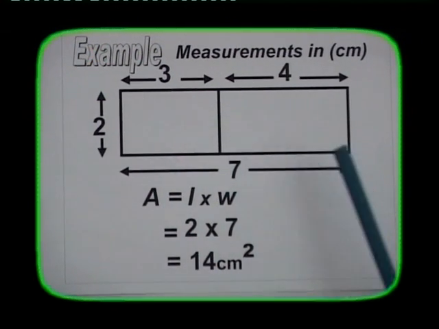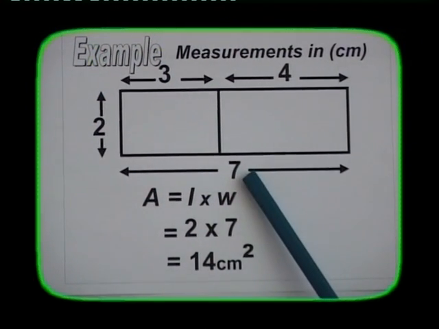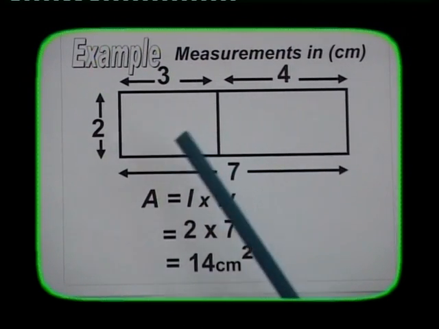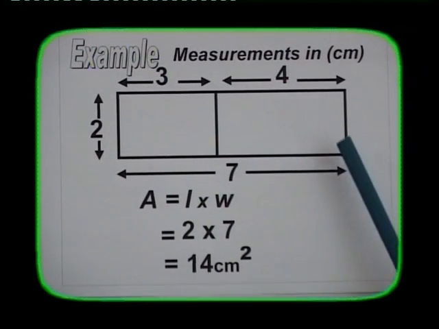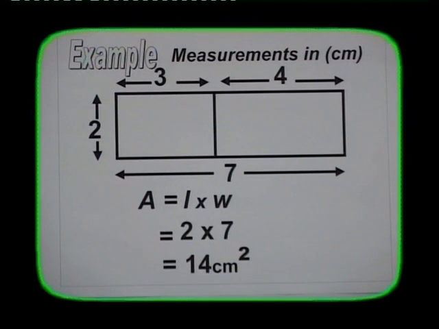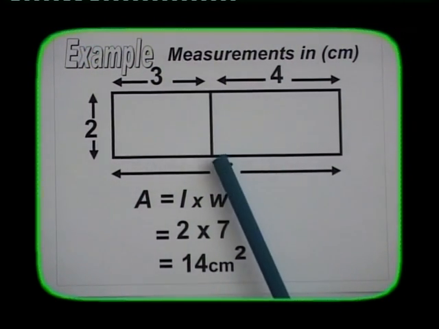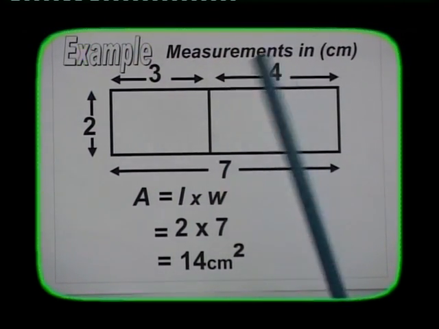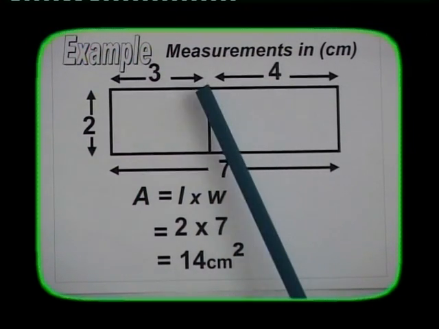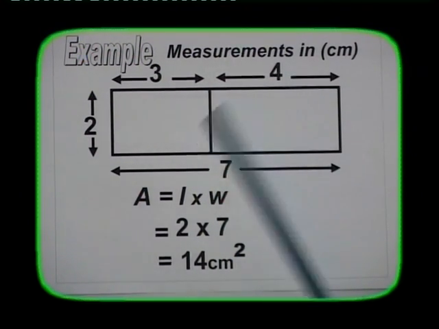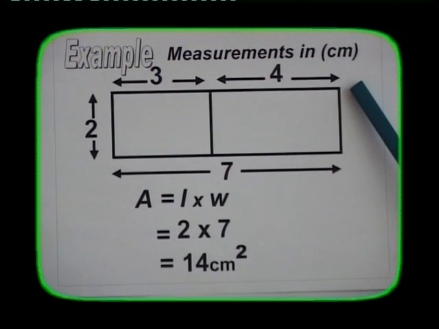And from here to here, the measurement is 7 centimeters. That is the total distance from this end to this end. When it's being divided again, you will see now that from here to here it's 3 centimeters, and from here to here is 4 centimeters.